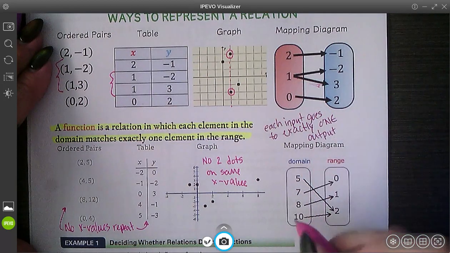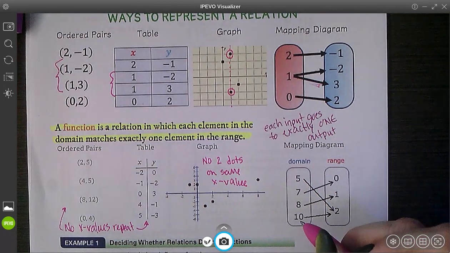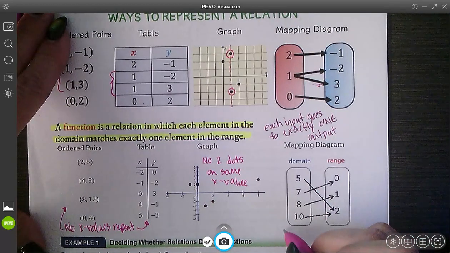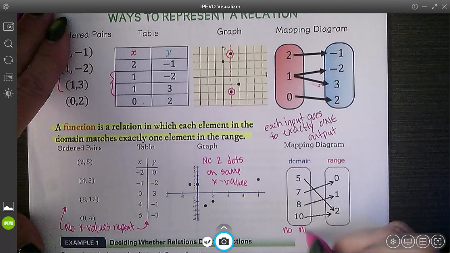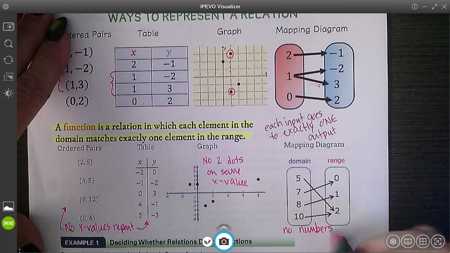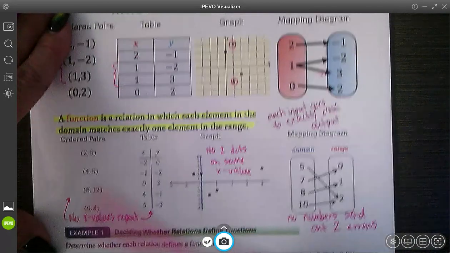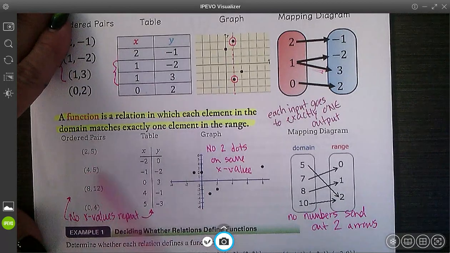So in a mapping diagram, you can't have the same number sending out 2 arrows. It's fine for our outputs to repeat, so 2, 5, and 4, 5, that's fine, those can repeat.